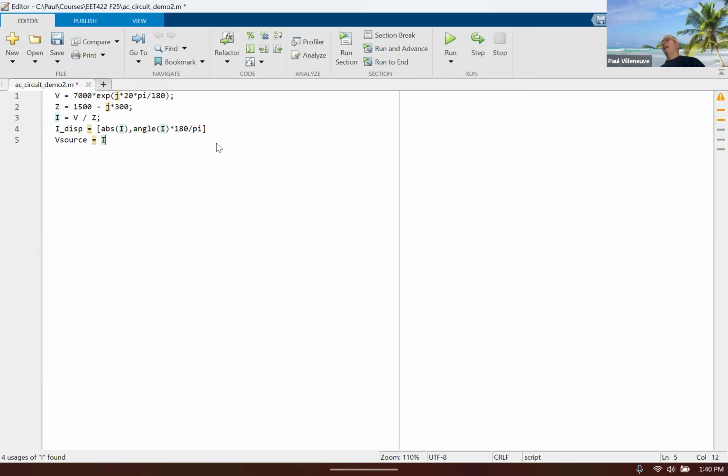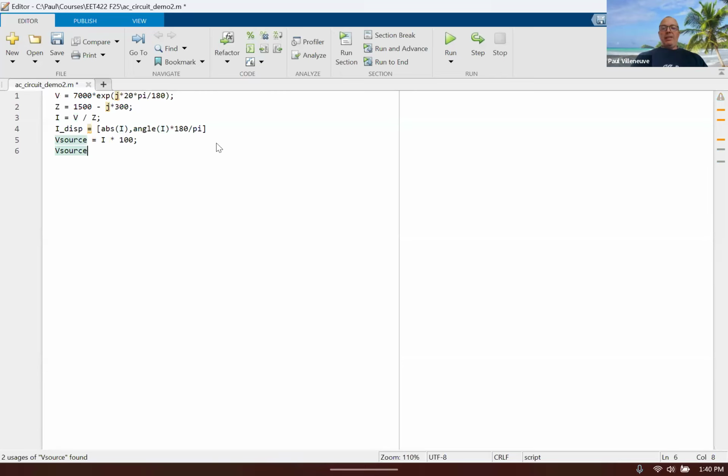I. Don't multiply it by I display because MATLAB can't handle magnitude and angles. It can only multiply real and reactive parts, in rectangular coordinates.